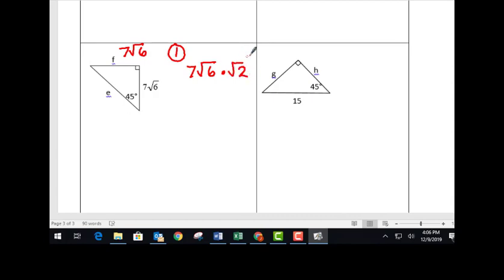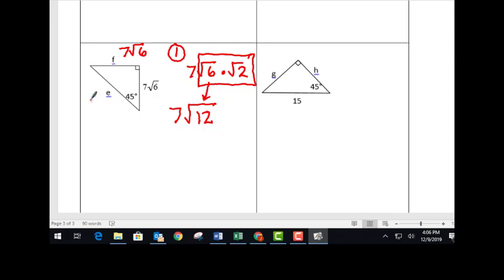Well, when you multiply square root of 6 times square root of 2, that would be the same thing as saying 7 times the square root of 12, because it's just 6 times 2. Since they're both under the square root, I can think of them like like terms. So that would be square root of 12.